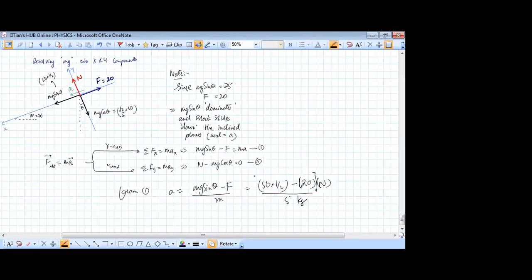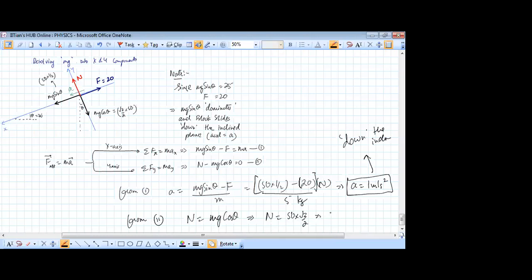Newtons divided by kg will give you the acceleration as 1 meter per second square, and the direction, as already shown, is down the incline, not up the incline. And from equation 2, your normal reaction is the same as what we got last time. Normal reaction is 50 into root 3 by 2, or it is 25 root 3 newtons.